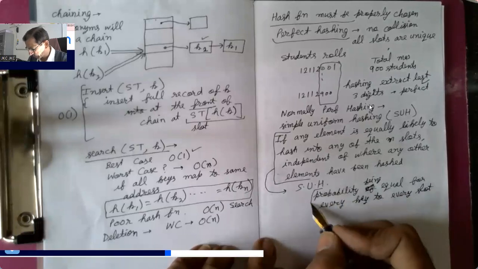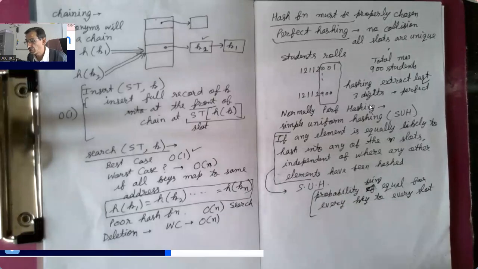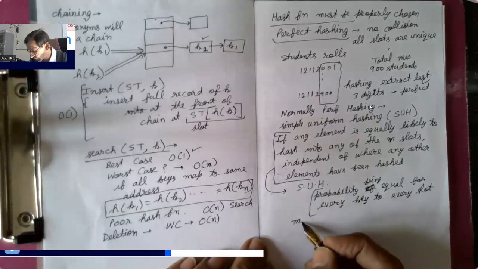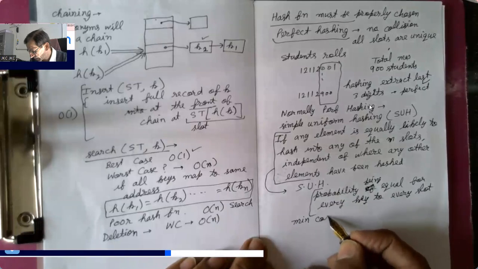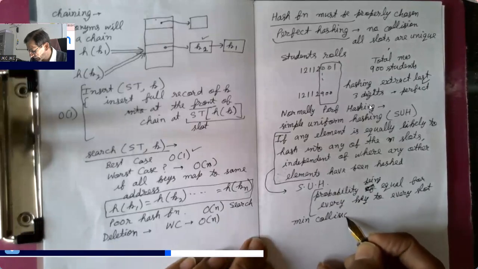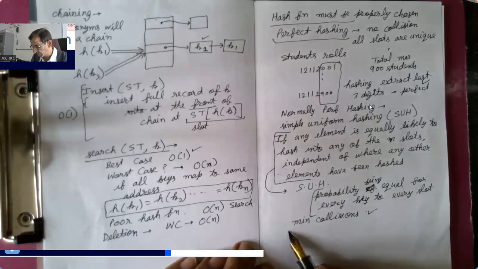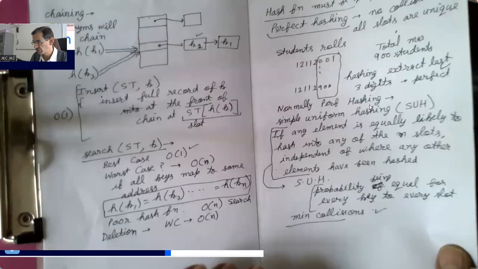So that will ensure that uniformity will be there and minimum collisions will be possible. Zero collisions might not be possible. So if I have uniformity, minimum collisions could be possible, and that can help in improving the situation.